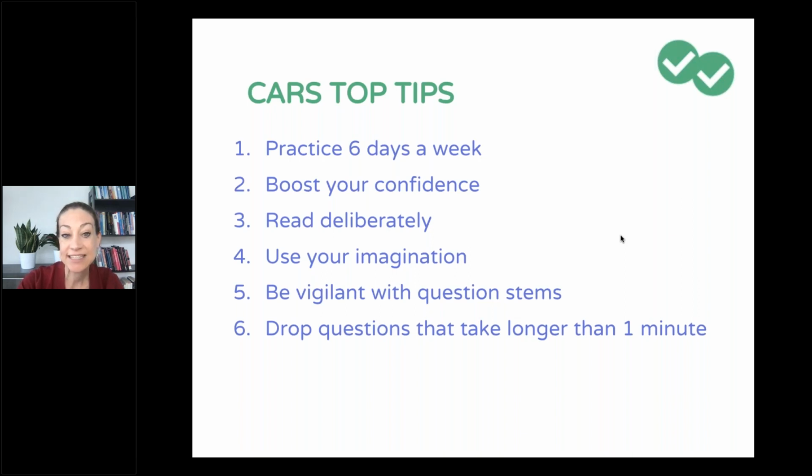Number 5 is to be vigilant with question stems. So this is that first part of a question. Of course, you need to know the passage, stems, and answer choices. But with the question stems, that's where they try to trick you. And they often try to trick you with their choice of verb.